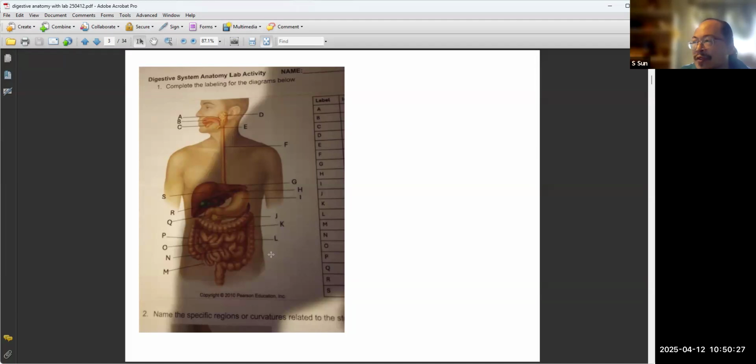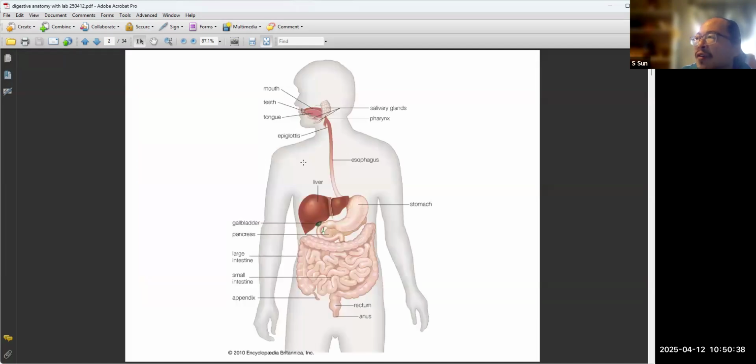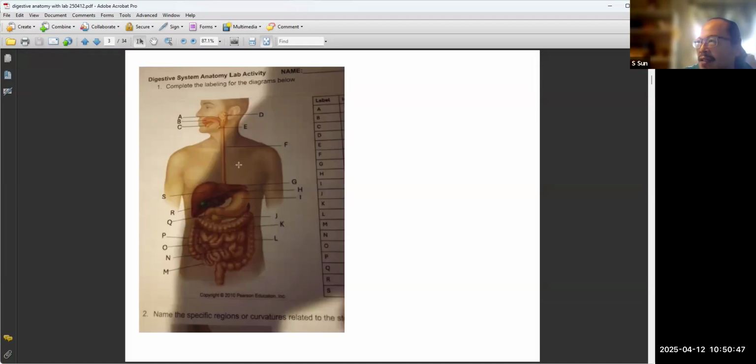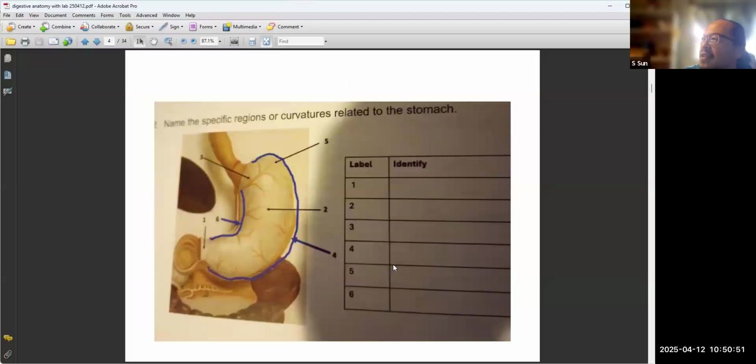All right. So that's the first labeling that we do, and we basically can finish those. That's the overall of our digestive system. The next stop is the esophagus, right here: mouth, esophagus, then stomach. Here is the stomach. The stomach stores our solid food for about 4 hours.